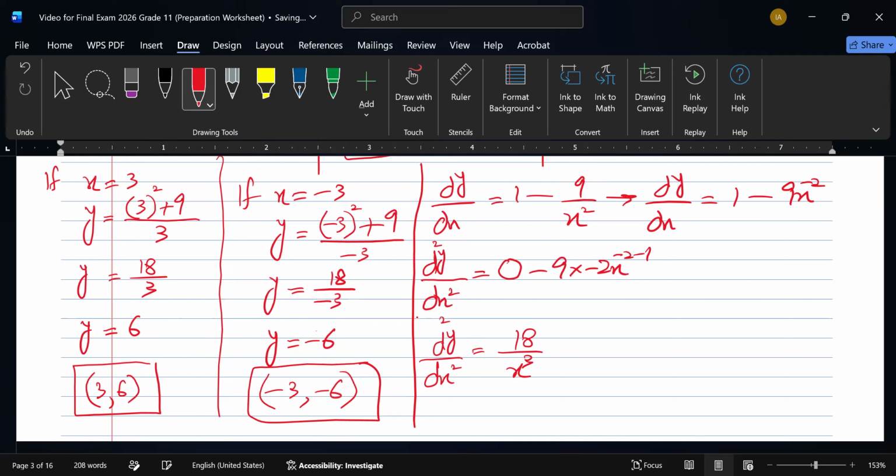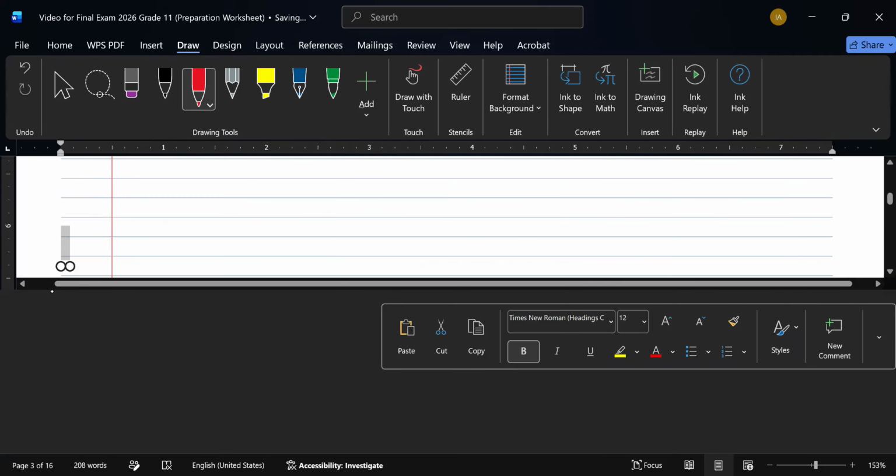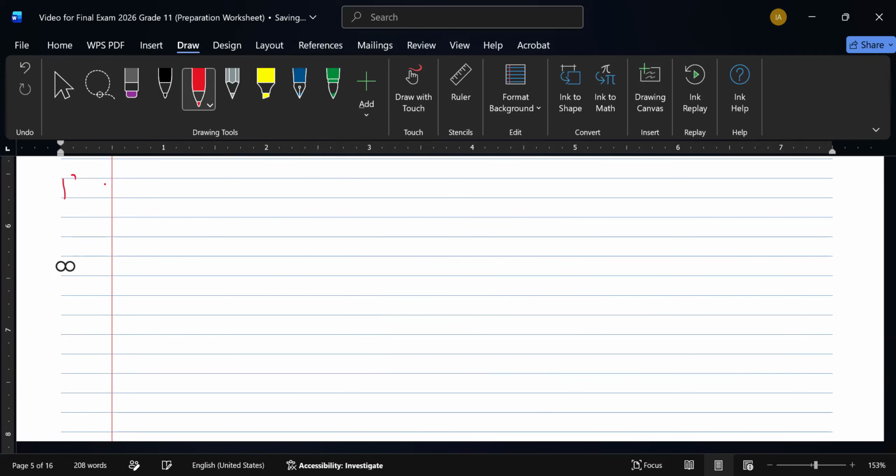That's my second derivative. For the nature, I will use the two values of x in the second derivative. First things first, we start from the first point, which is 3 comma 6.